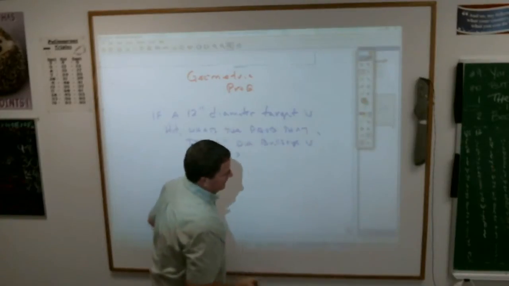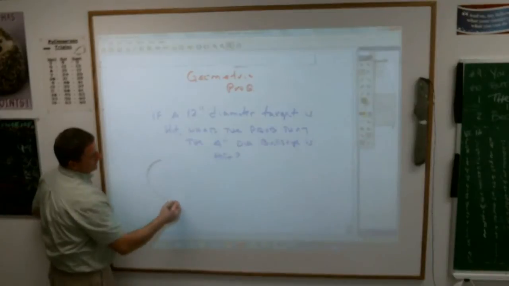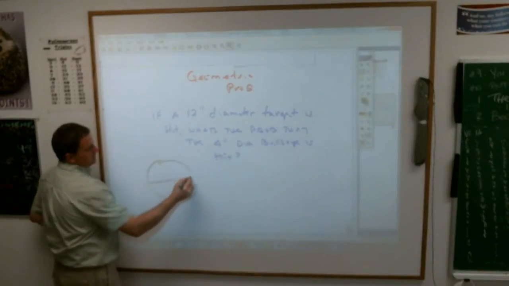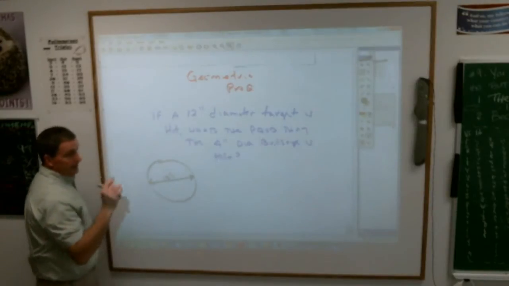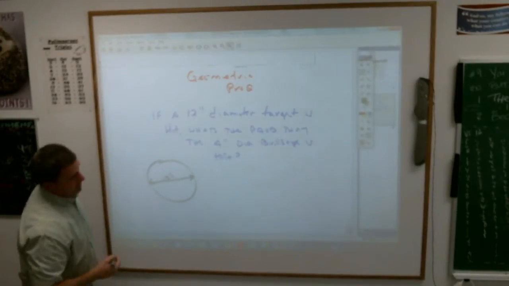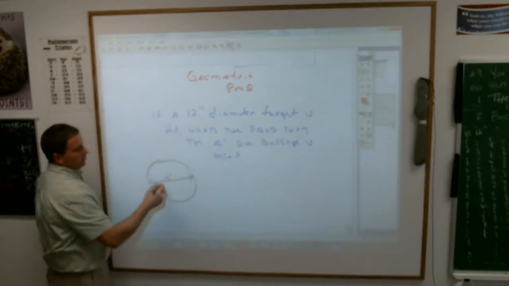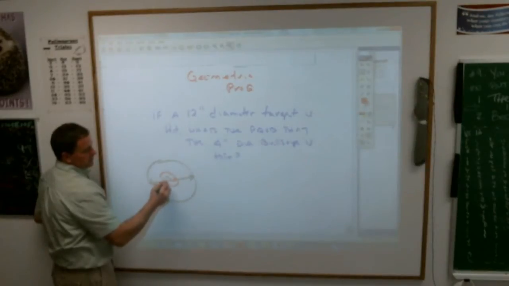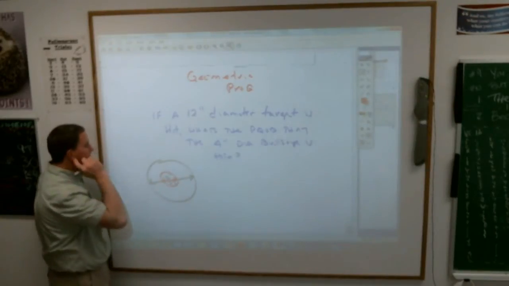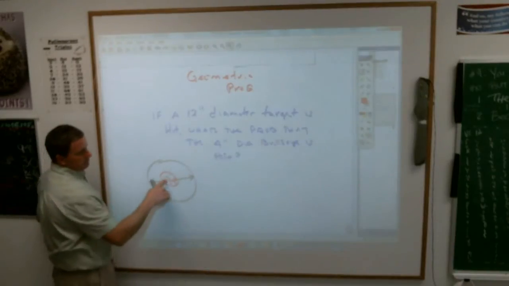So here's your target, 12 inches in diameter. You shoot at it and hit it. What's the probability that you hit the 4-inch diameter bullseye inside it?